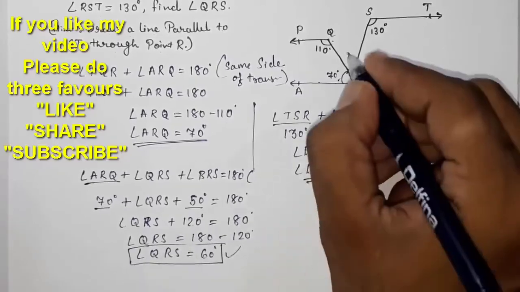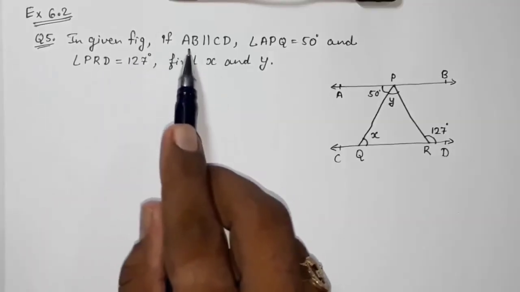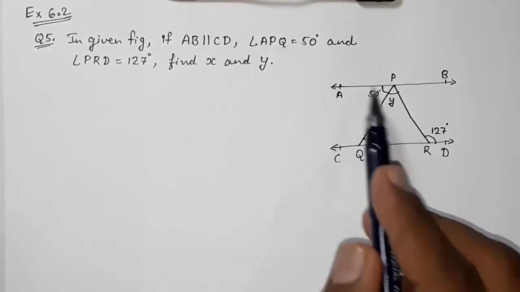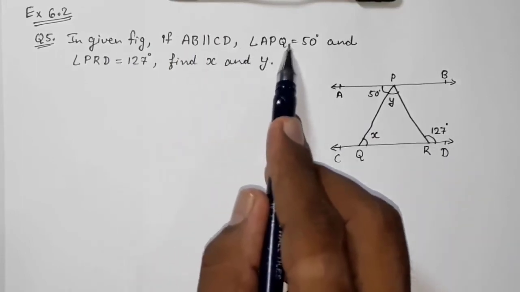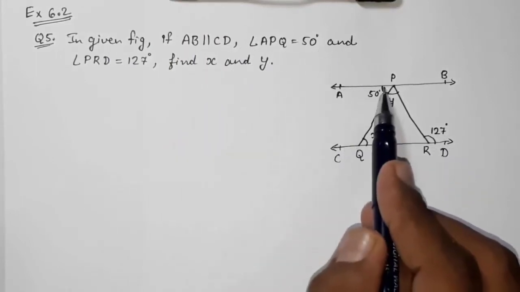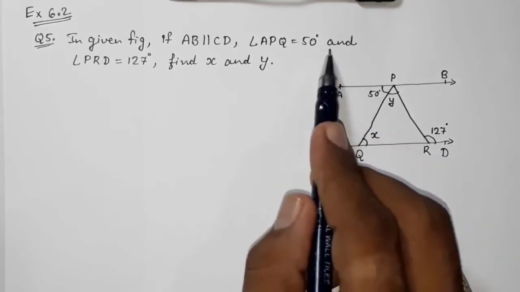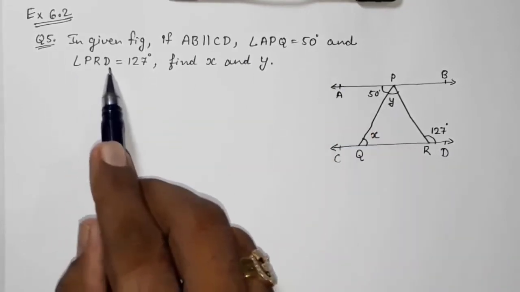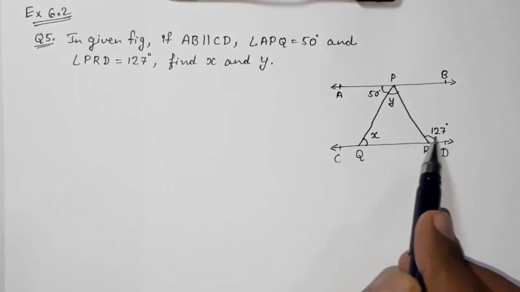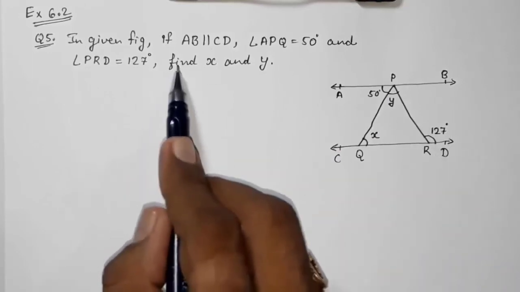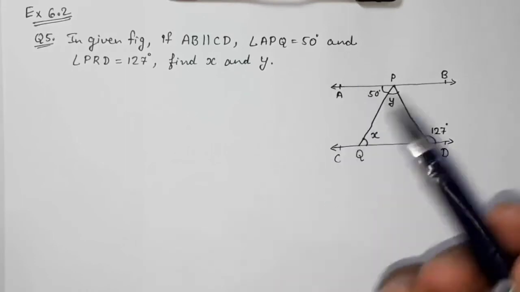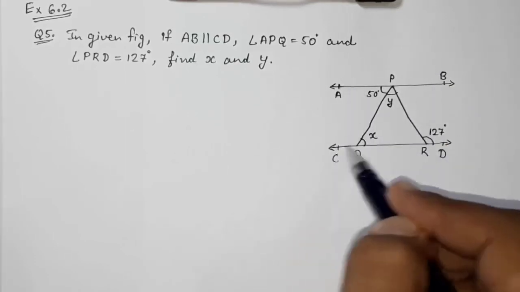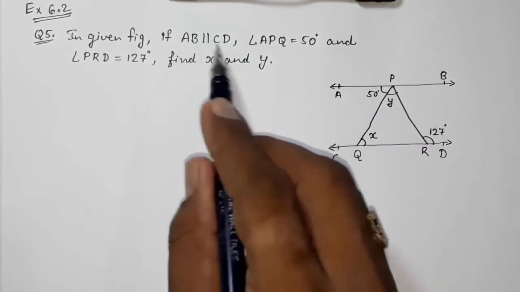So this way we can solve. In the given figure, if AB is parallel to CD, look here, AB parallel to CD, angle APQ is equal to 50 degrees, this angle is 50 degrees they have given, and angle PRD is 127 degrees. Find X and Y, means we have to find out these two angles. Look here, we can easily see that these two lines are parallel and it is given to us.